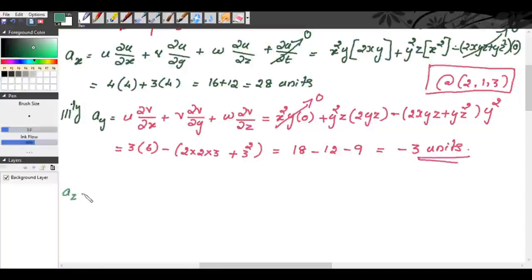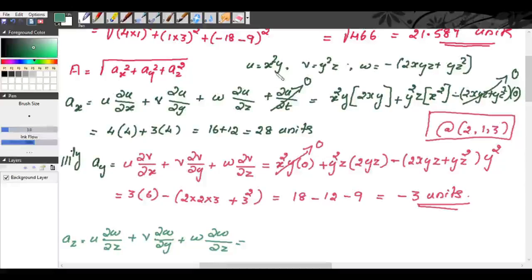So AZ is equal to u into dou w by dou x plus v into dou w by dou y plus w into dou w by dou z. So we get the value for u is x square y, right? So x square y into dou w by dou x, that is minus 2yz. Here we don't have x term, so this is 0.